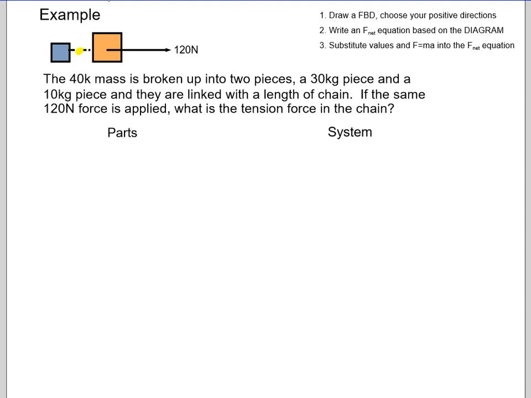So I have two columns here called parts and system. If I look at parts, here's the small box in the back, which is the 10 kilogram box. The forces that act on the 10 kilogram box: we can agree there's an F normal and an FG, but we've already talked about how we expect those to cancel because there's no information about this box jumping off the ground or flying around.